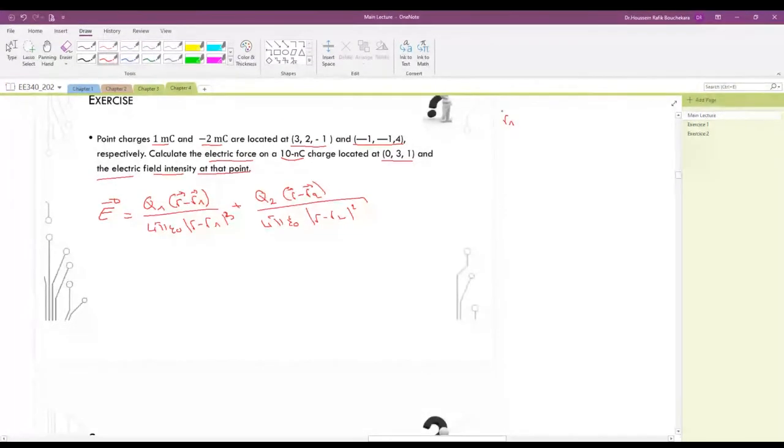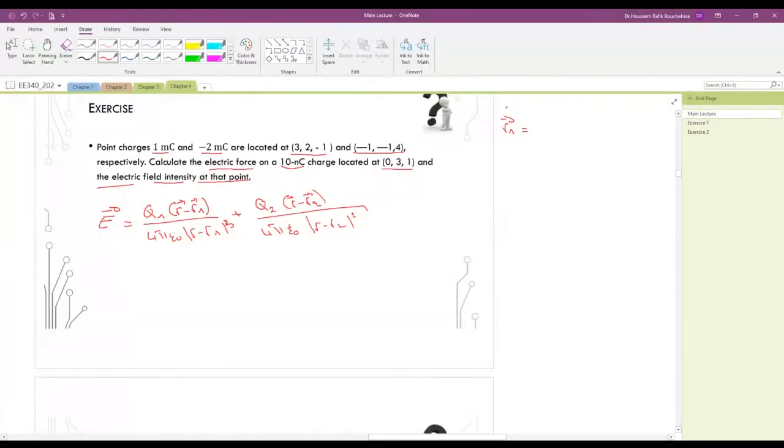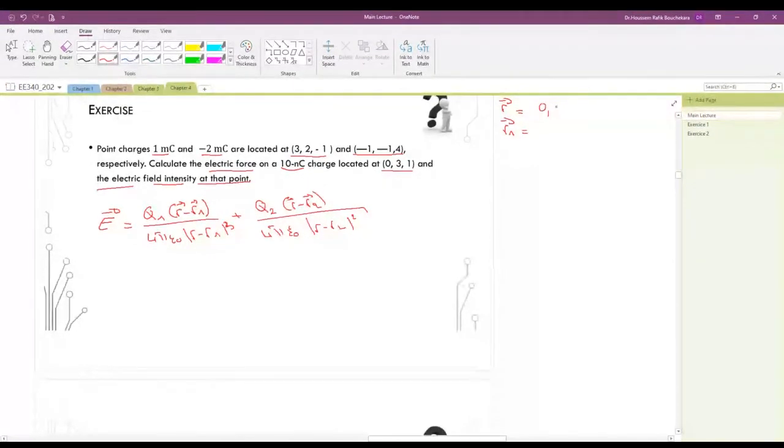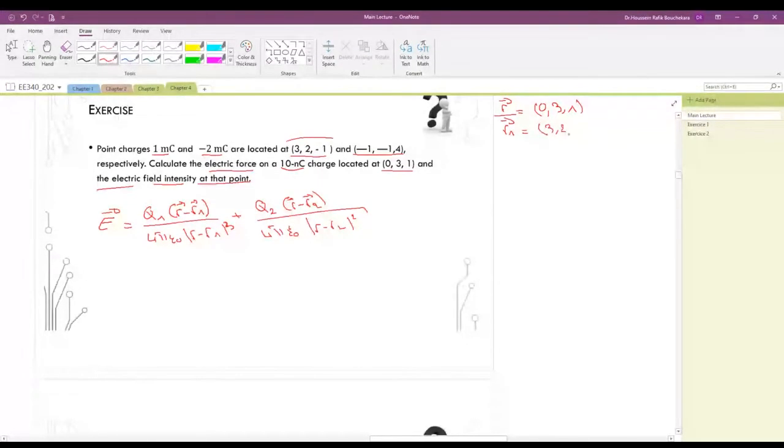So what is R1? What does R1 equal, guys? First of all, R. What is R? This is R. R is the point where I want to determine the electric field. R1 is (3, 2, minus 1).